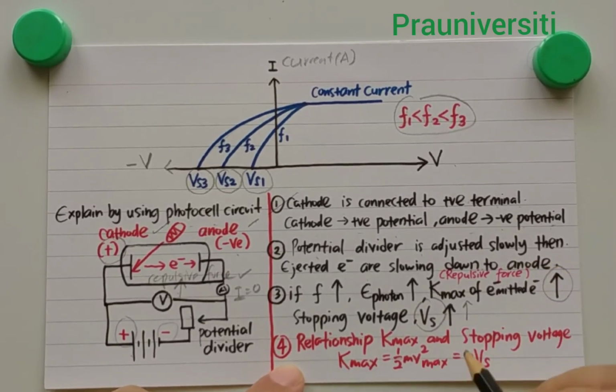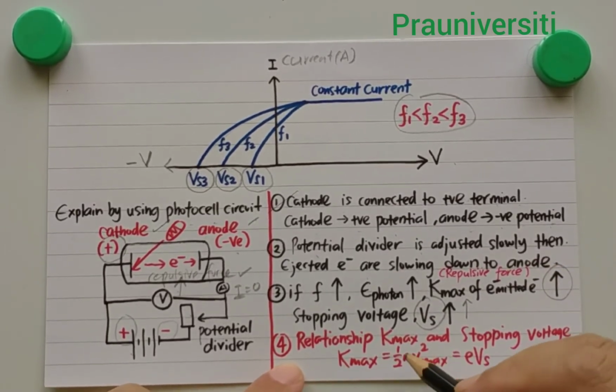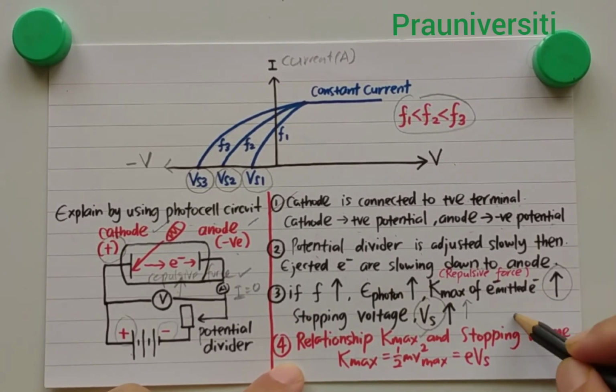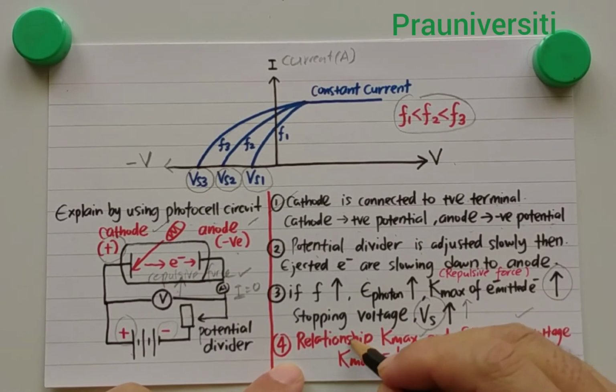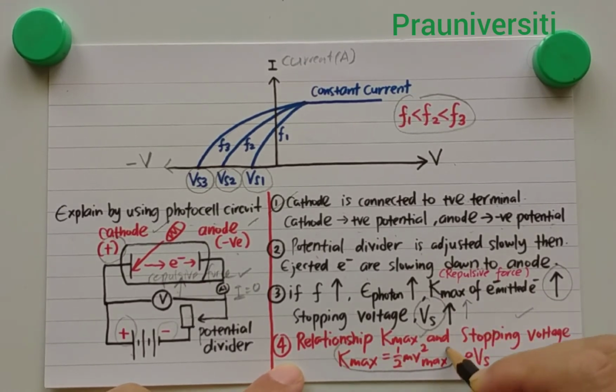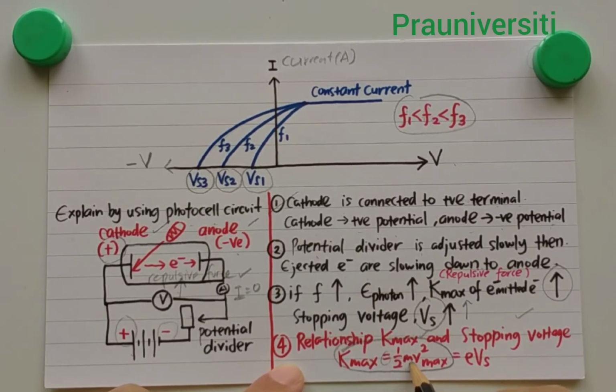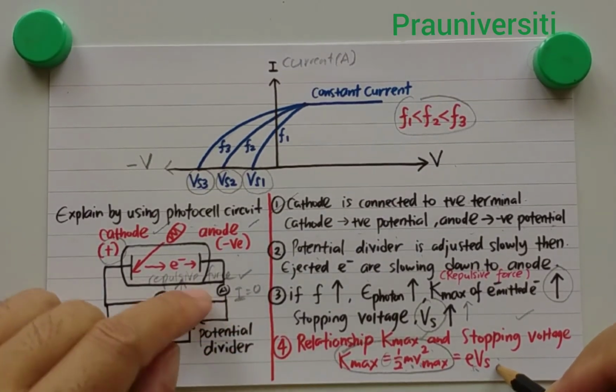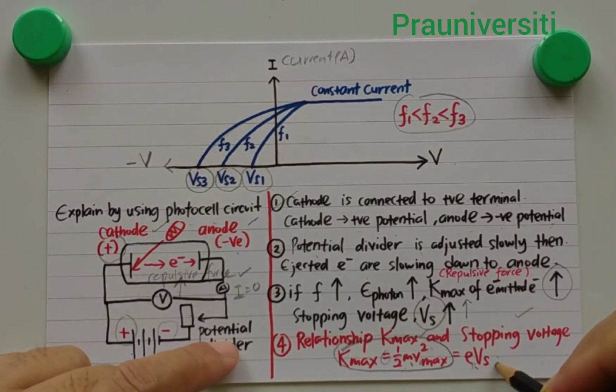Number 4, the relationship between maximum kinetic energy and stopping voltage is given by this equation: K maximum equals half m v squared, where m is the mass of the electron and v is its velocity, and this equals eVs, where e is the charge of the electron and Vs is the stopping voltage.